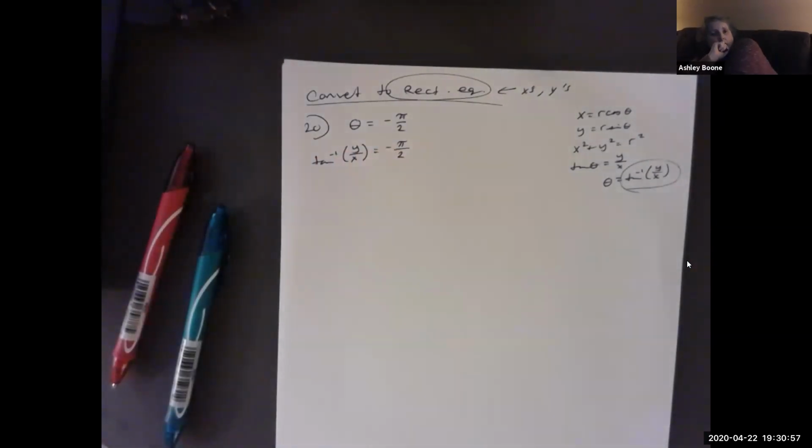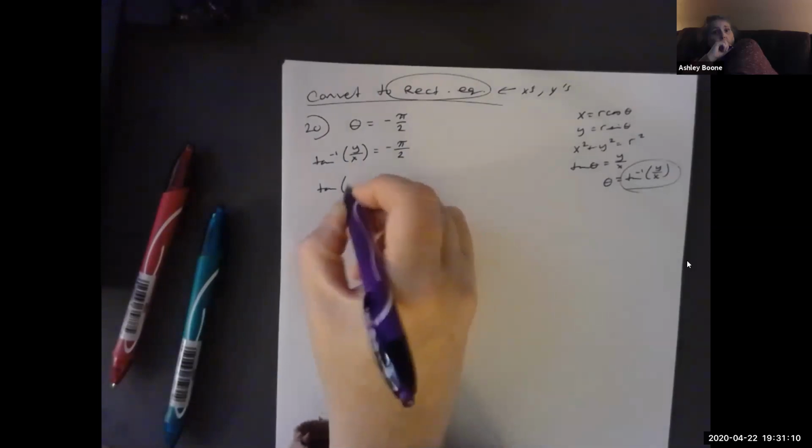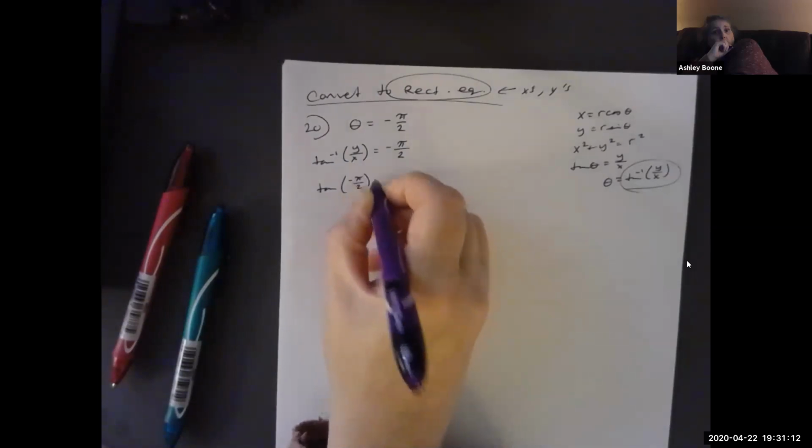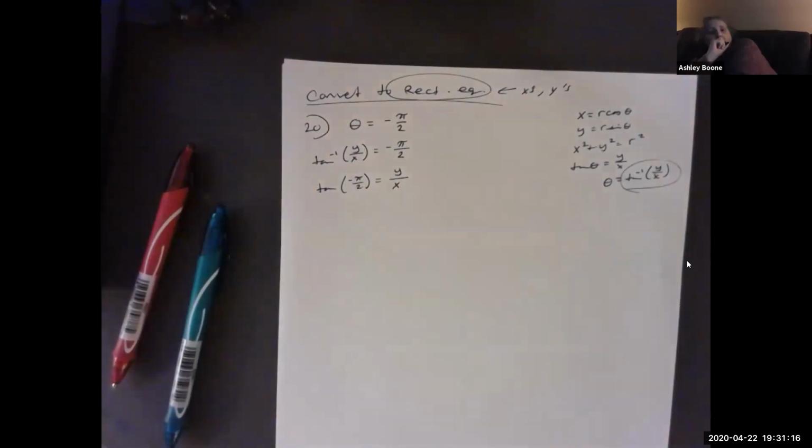Inverse tangent of y over x is equal to negative pi over 2. What does that mean? That means the tangent of negative pi over 2 is equal to y over x.